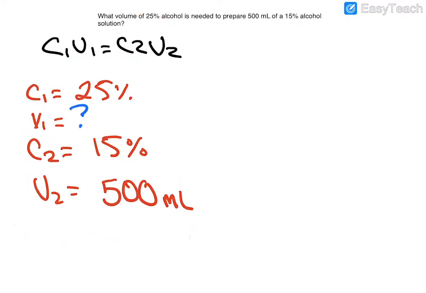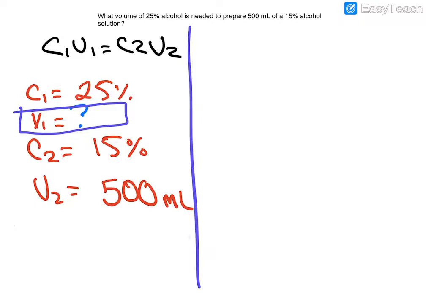So now that we have all the values plugged in, we can work on the formula and how to rearrange it. The important thing to note is that your blank one, the one you're looking for, will always be on the left-hand side of your equation. So we want to find V1, so when we set up our formula, it's going to look like V1 equals, and then we're going to have the equation on the other side.